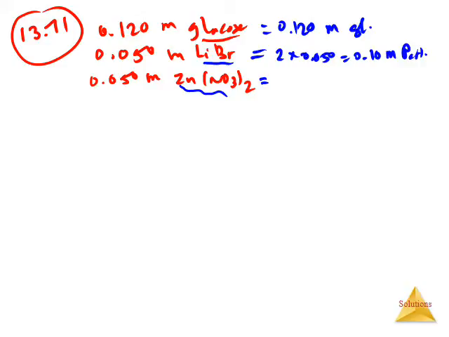Altogether you're going to have 3 times 0.050, and that's going to give you 0.150 molal particles, because these are colligative properties. It depends upon how many particles are there.